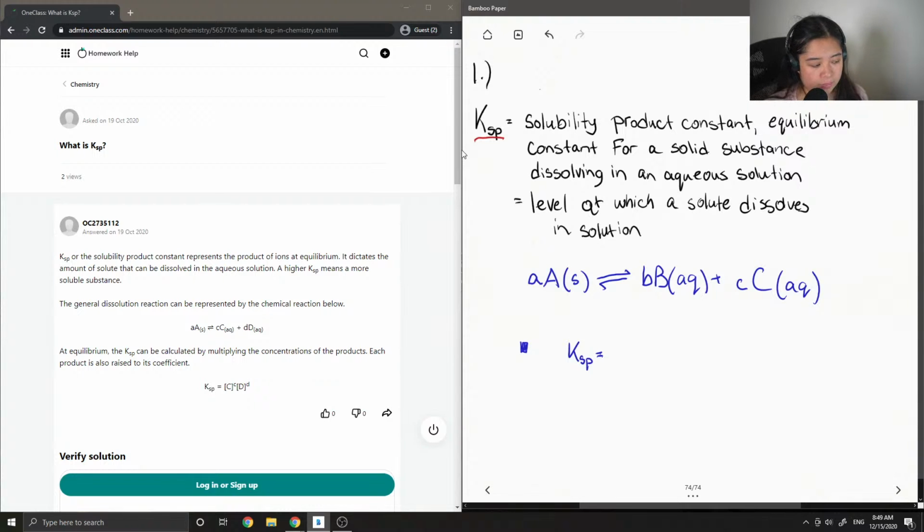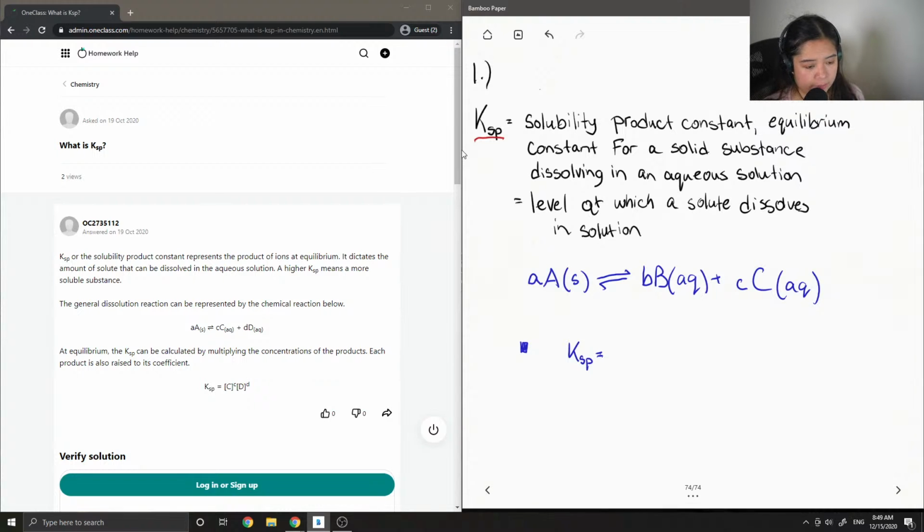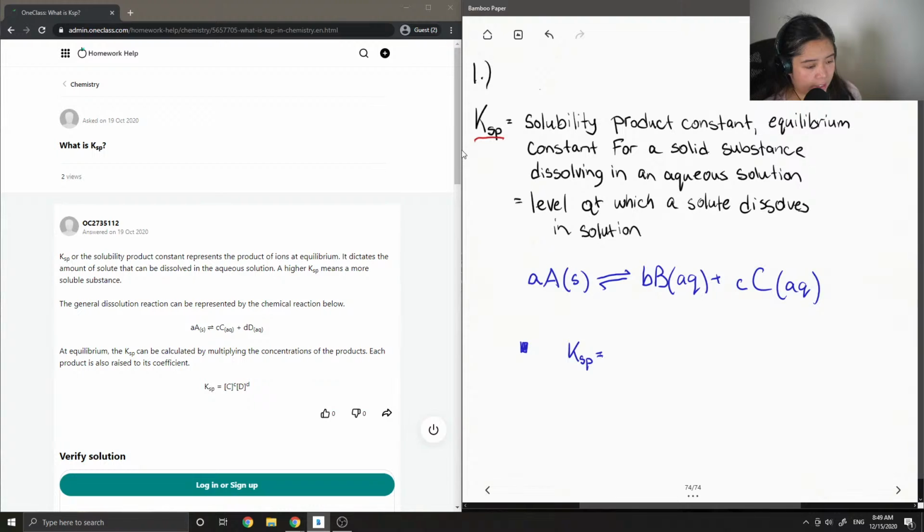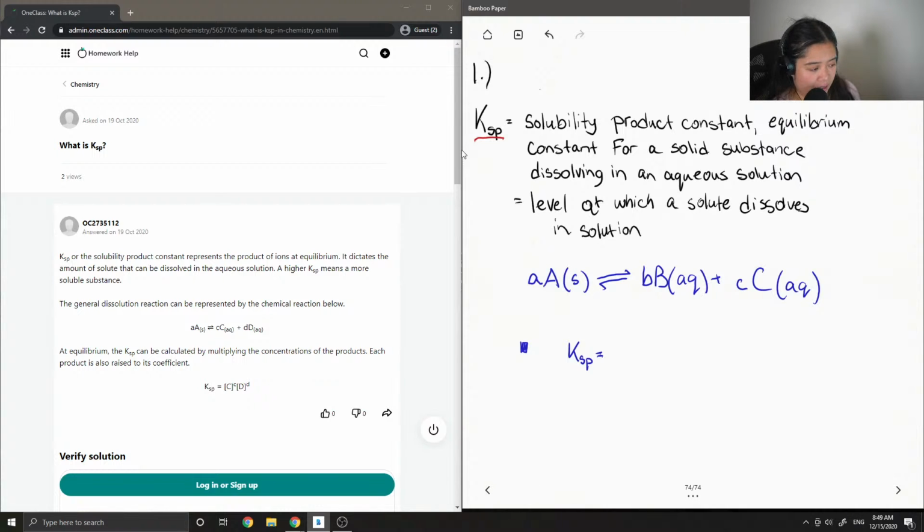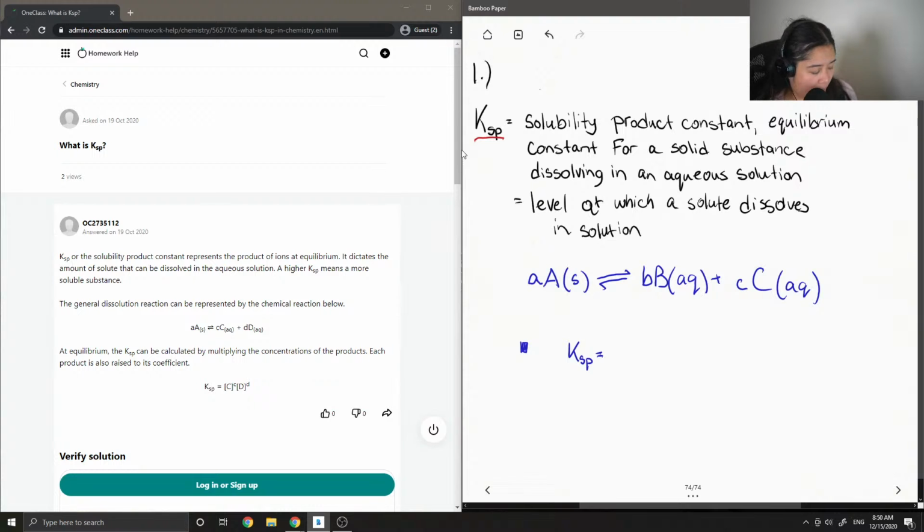And typically, it's the concentration of your products to the power of their coefficients divided by the concentration of your reactants to the power of your coefficients. But in this case, element A is a solid, so it won't be a part of the expression.